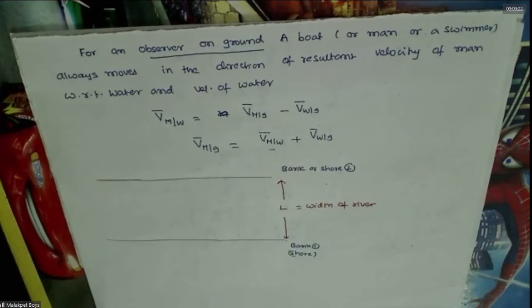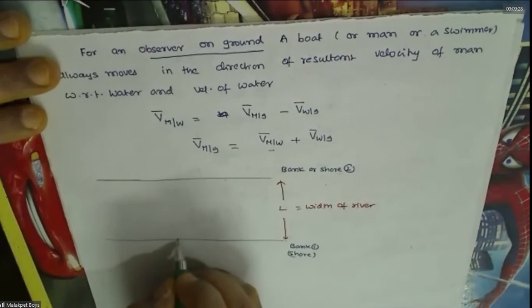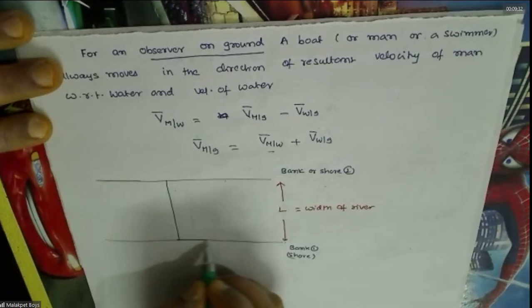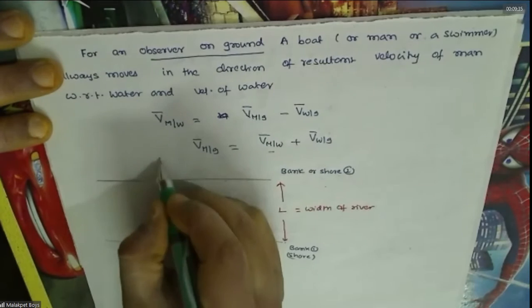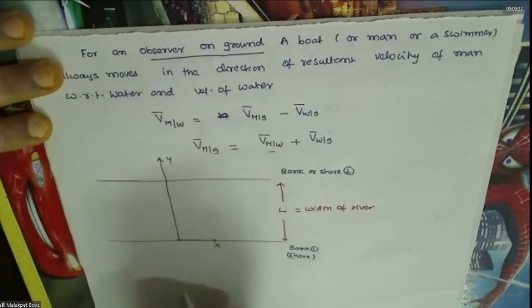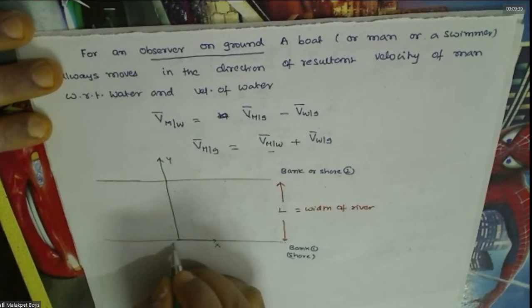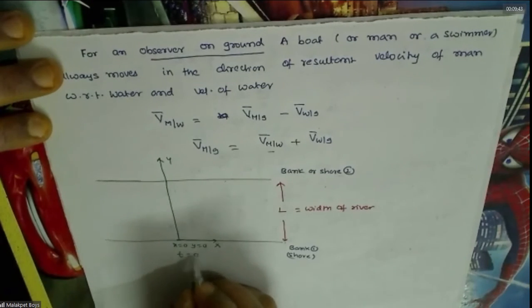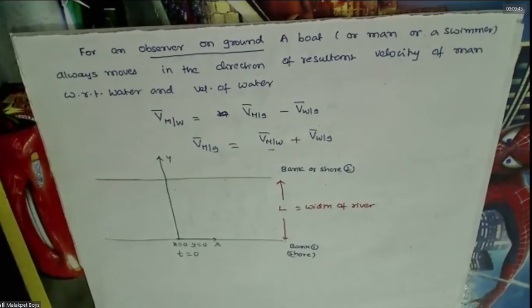Now a person starts here. Let us fix the coordinates: this is the x-axis, and this is y. Here x is 0, y is 0. The person starts at t equals 0.